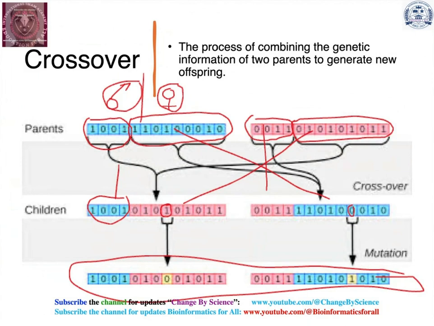So the mother and father, then there is crossover in the children. And here you can see the different sets of chromosomal combinations, or you can say the mutation. Here you can see what are the changes in the chromosomes after crossover in the children.